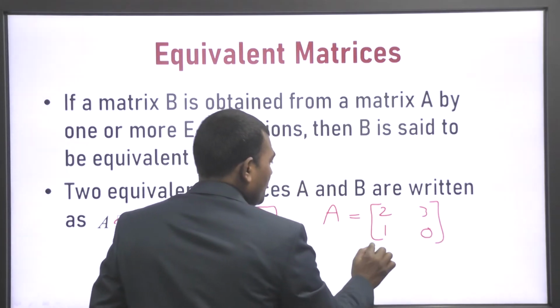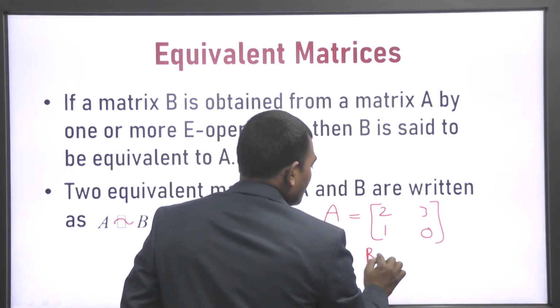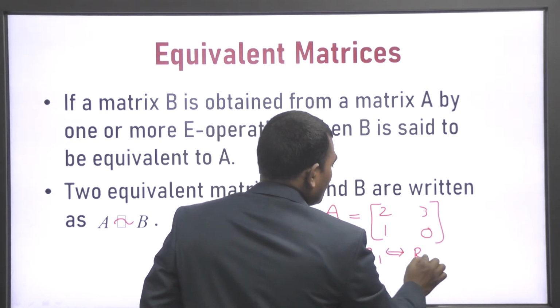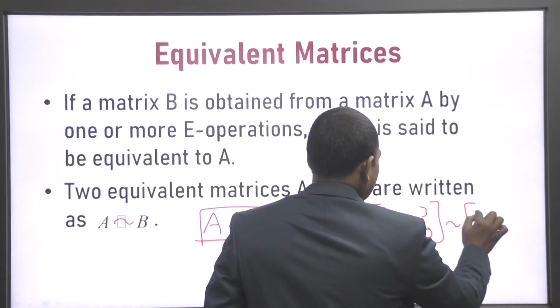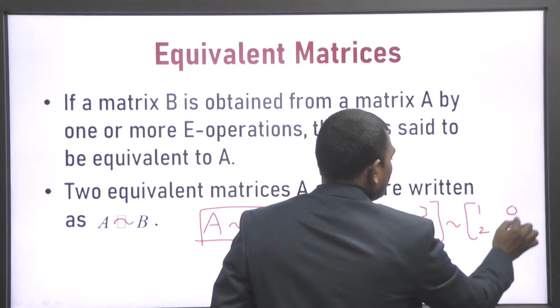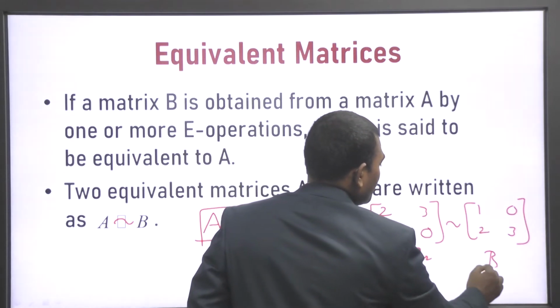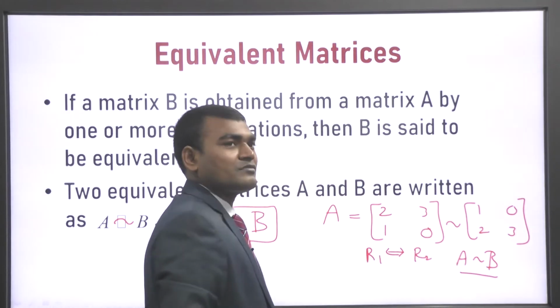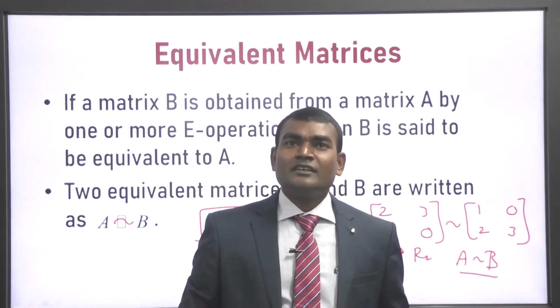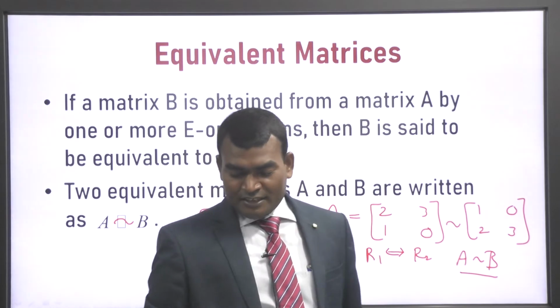If we change R1 with R2, you will get the equivalent matrix 1 0 2 3, which is B. B is equivalent to A, or A is equivalent to B. So, these are equivalent matrices.